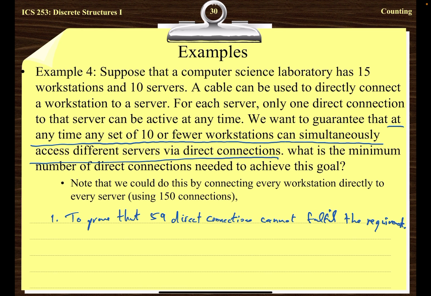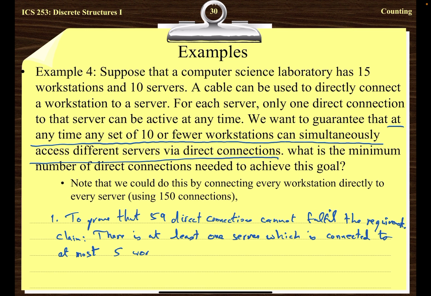So to prove that 59 direct connections cannot fulfill the requirement, this is how I will prove it. Now look at this claim. I claim that there is at least one server which is connected to at most 5 workstations.